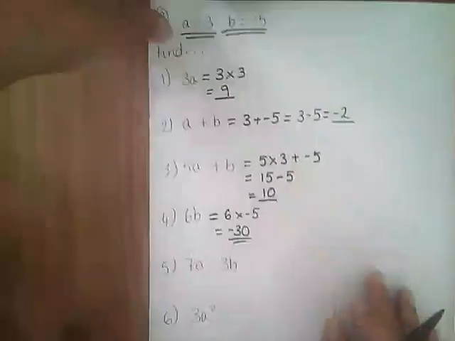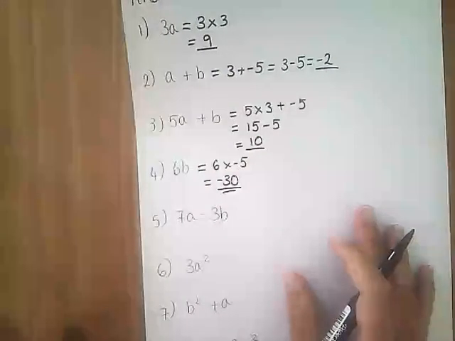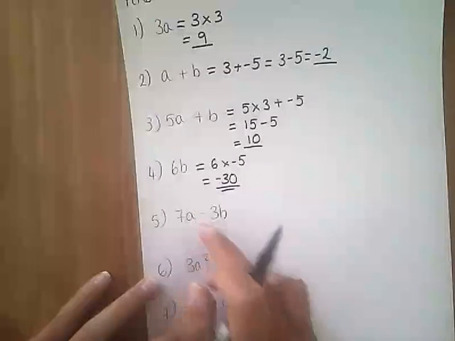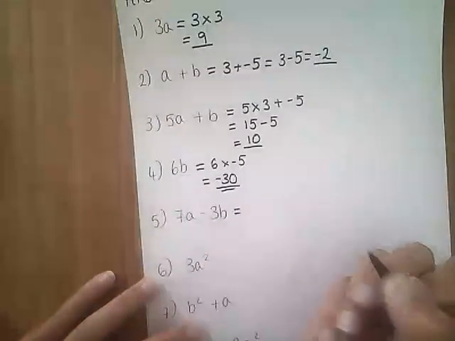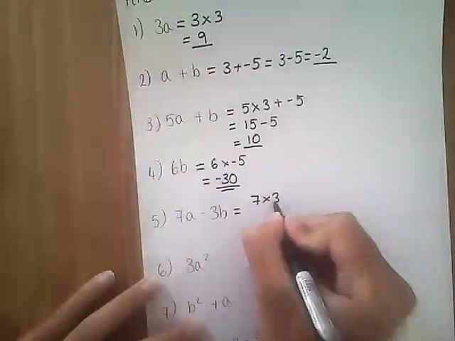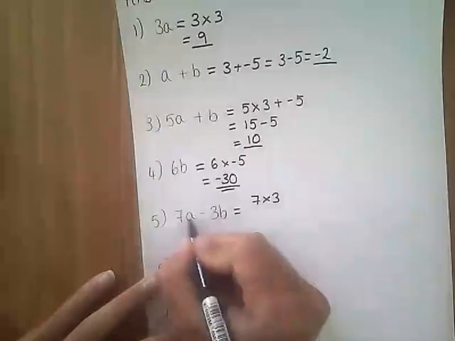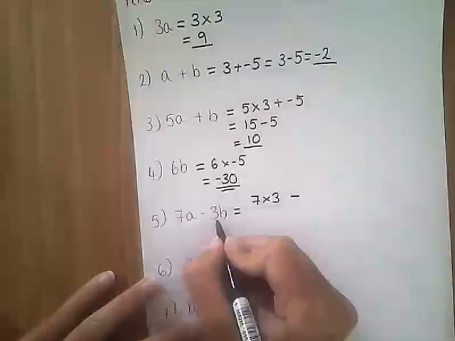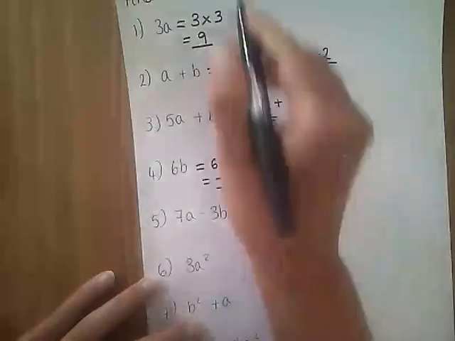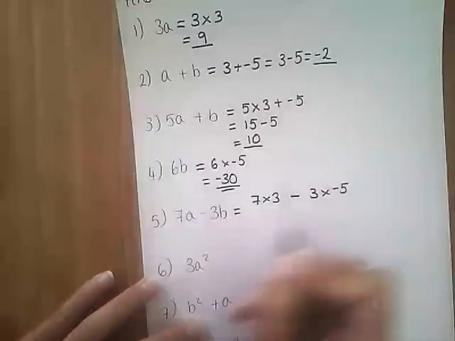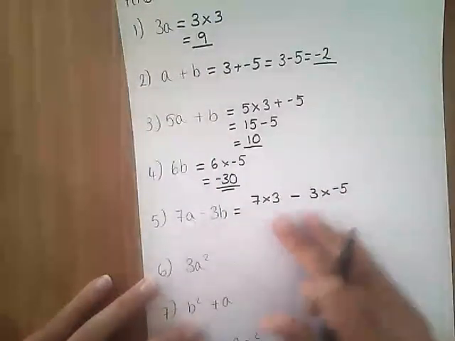Question 5. 7a, sorry, take away 3b. Well, 7a means 7 times 3. So 7 times 3, take away 3 times whatever b is, and b is minus 5. Please notice how I'm writing it out. I would like you to write it out like this as well.